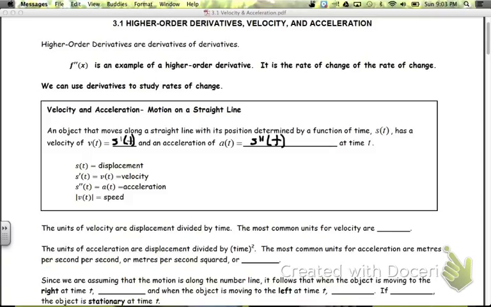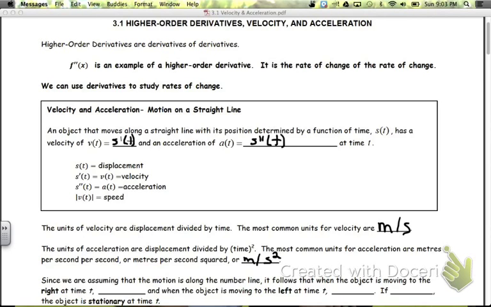So the units of velocity are displacement divided by time. The most common units for velocity are meters per second. The units of acceleration are displacement divided by time squared. The most common units for acceleration are meters per second squared.